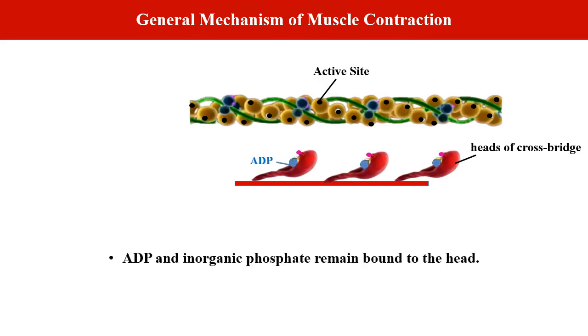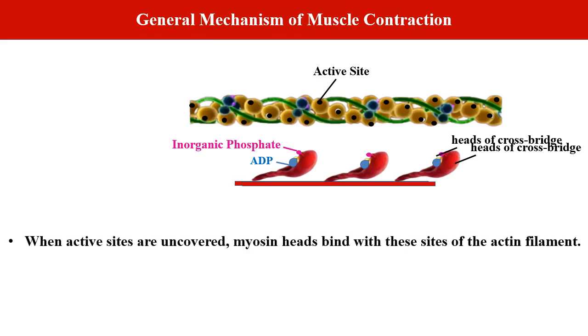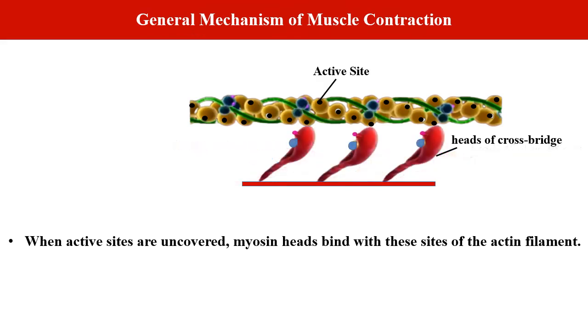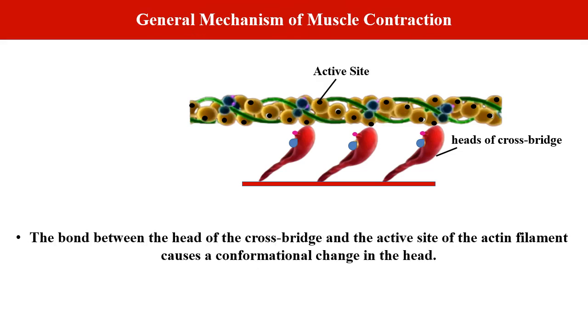ADP and inorganic phosphate remain bound to the head. When active sites are uncovered, myosin heads bind with these sites of the actin filament. The bond between the head of the cross bridges and active sites of the actin filament causes a conformational change in the head.